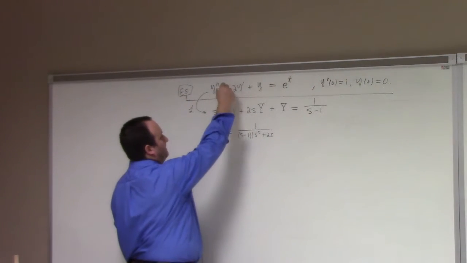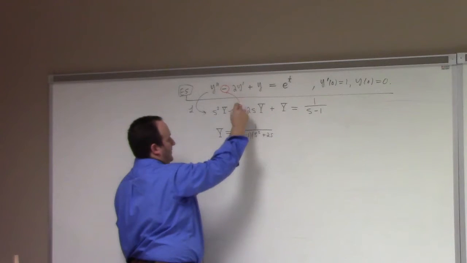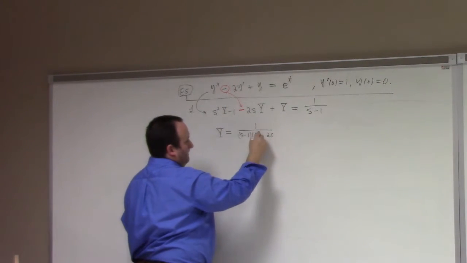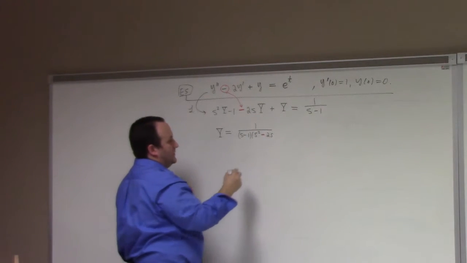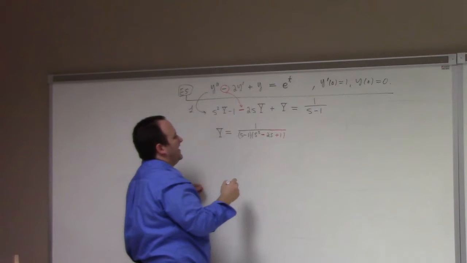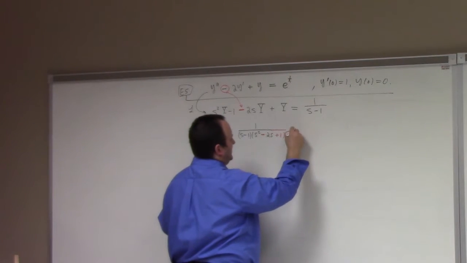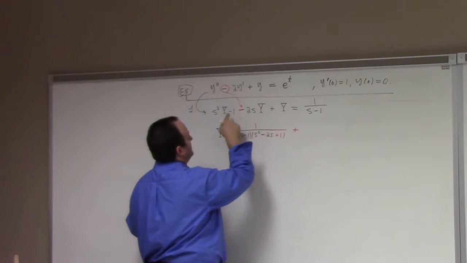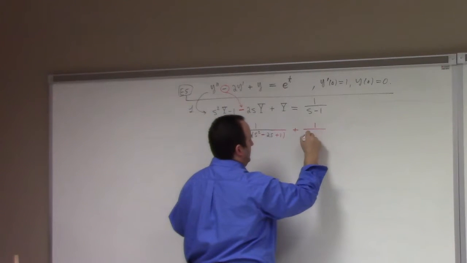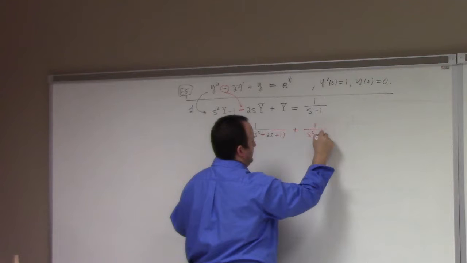See this? That is supposed to be a minus. All right. Plus 1. And I also have plus, what is this? 1 over s squared minus 2s plus 1.